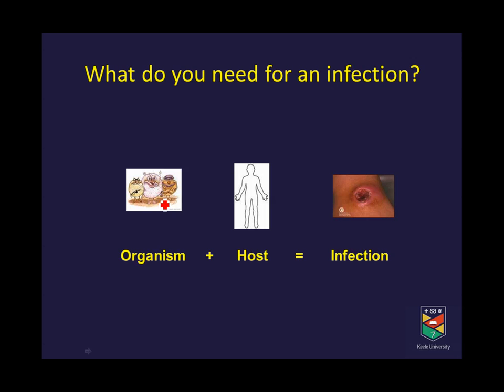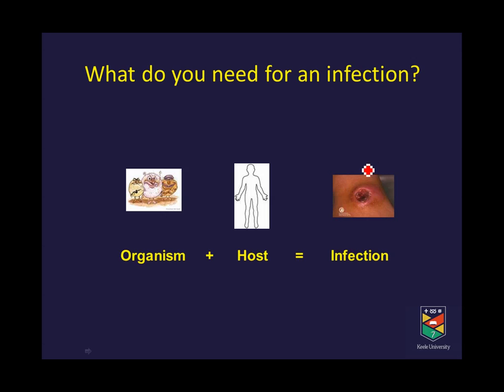Okay, so the easiest example of an organism is, for instance, one of the major commensal organisms of the body, streptococci bacteria, and they live quite happily on the skin. However, if you get a bit of a cut in your skin, the streptococci can invade that cut because they're already there in the same location, especially if you don't try and prevent the infection and don't wash the wound properly.